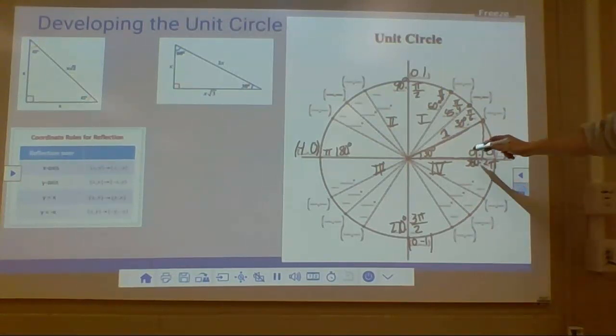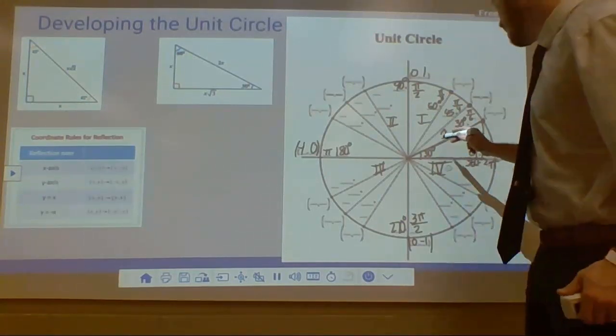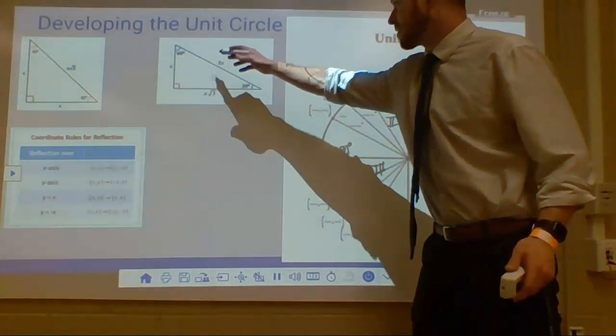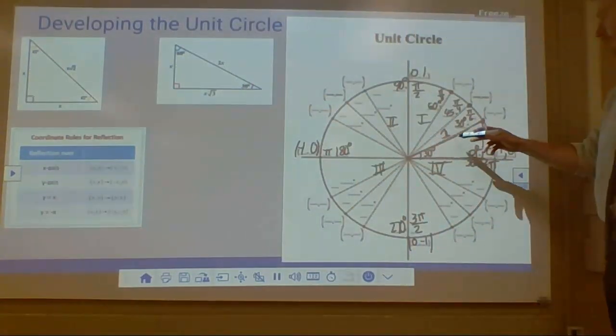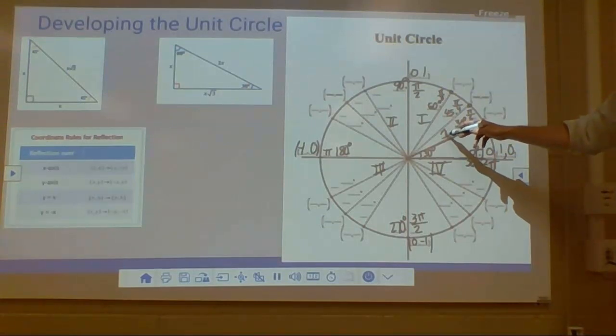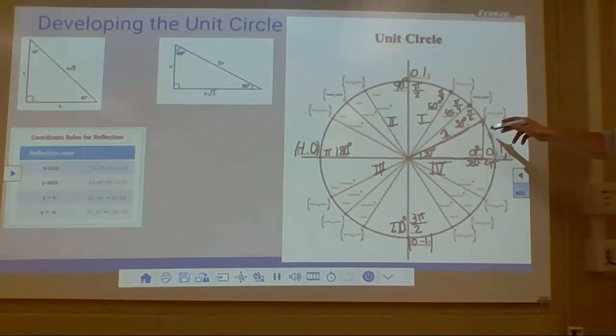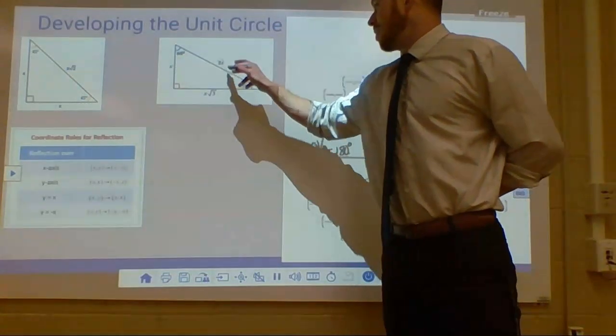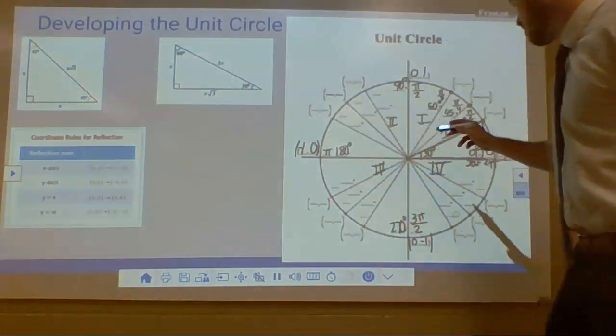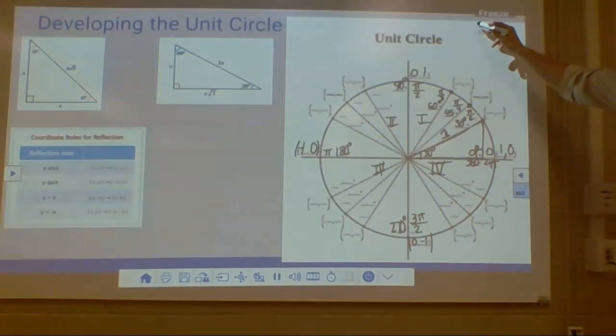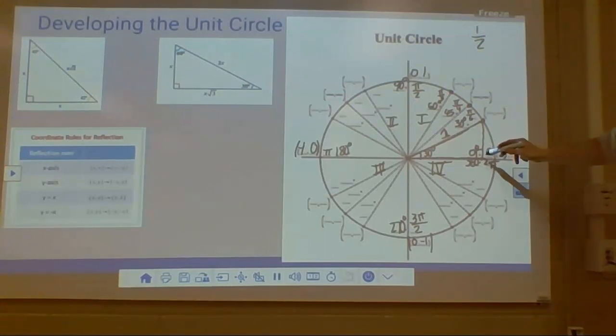So I want to find the x and y values of this coordinate point. Okay, so here's what I'm going to do. I'm going to use the 30-60-90 triangle to figure this out. Well, to get from the hypotenuse to the short leg, remember, the hypotenuse is 2 times the length of the short leg. So I'm going to take that and I'm going to say 1 divided by 2. And I'm just going to leave that as 1/2. So that's going to give me the short leg, which is the y value.